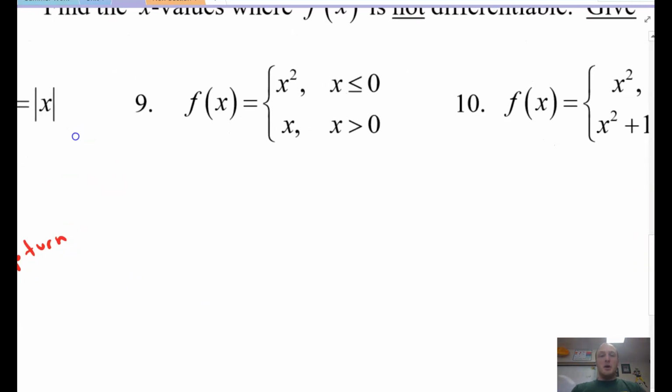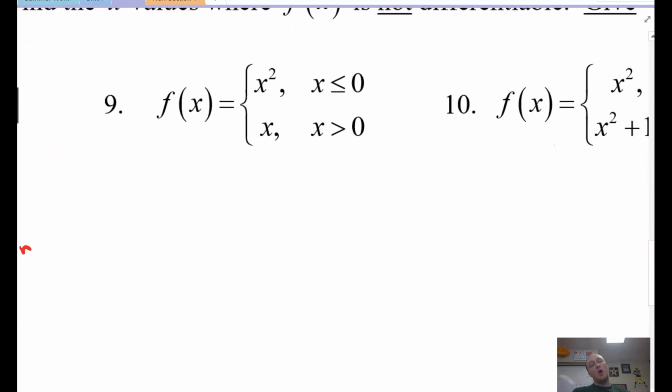Number 9, piecewise. With piecewise I hope you're thinking jump discontinuity, because jumps are very common with piecewise. So that's the first thing I'm going to investigate in this example. I'll draw a little picture. For x less than or equal to 0, I plug this in and I get 0, and I know to the left it looks like a parabola.